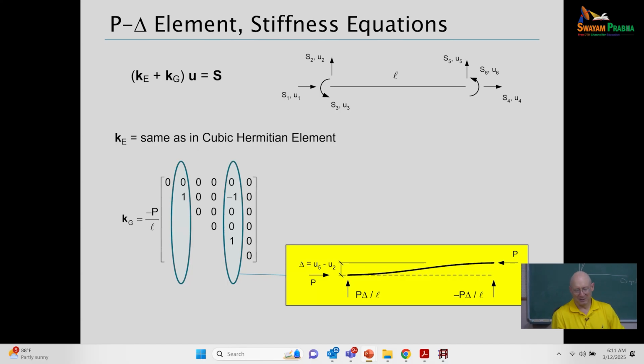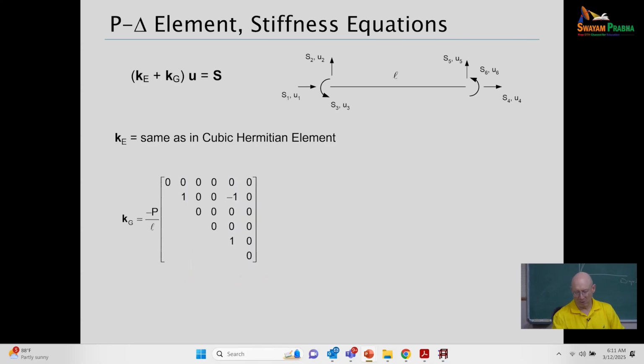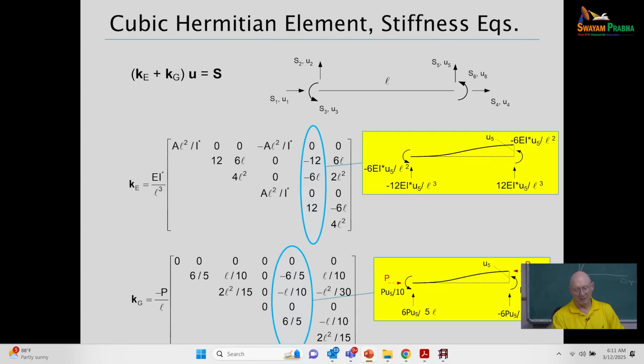But notice this is much simpler than the one we looked at here. We have a minus 6P over 5L, a 6P over 5L there in the 5-2. We only got a P over L in the P large delta at that location.